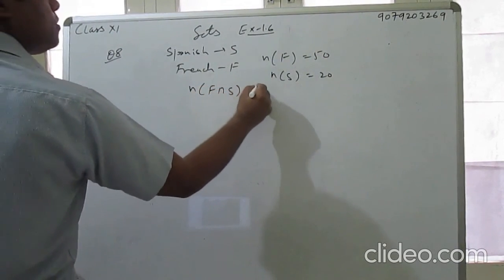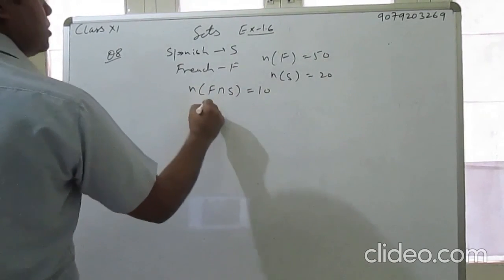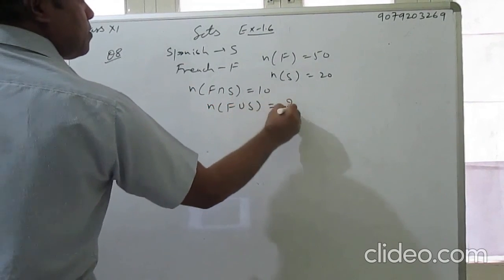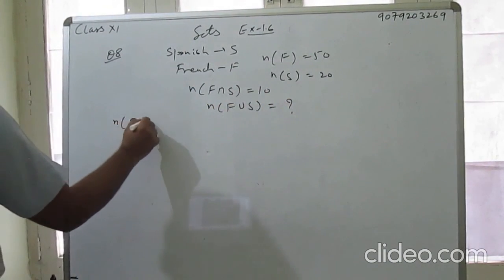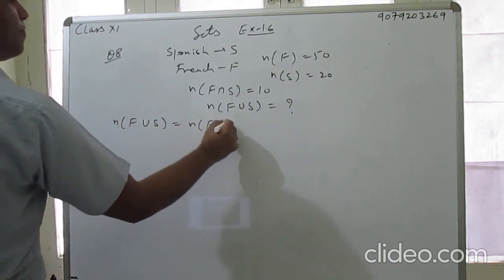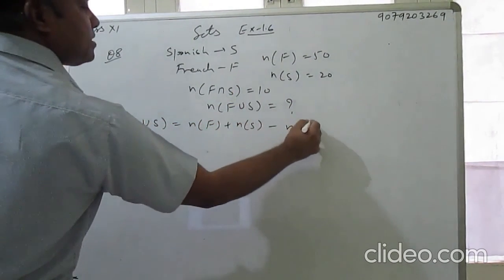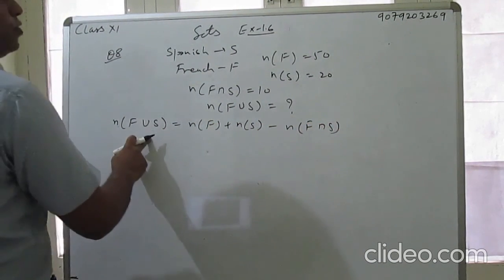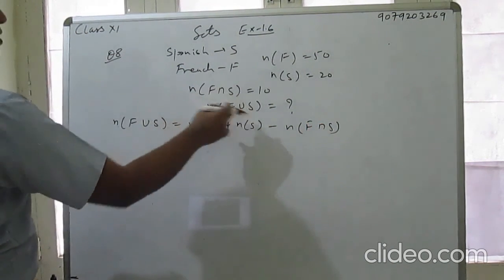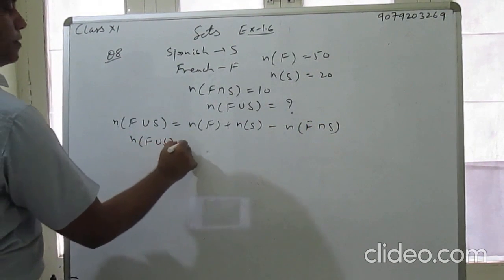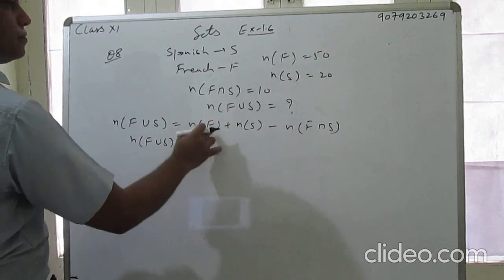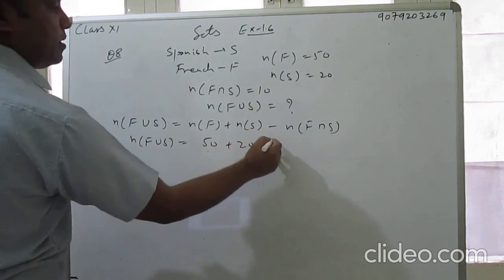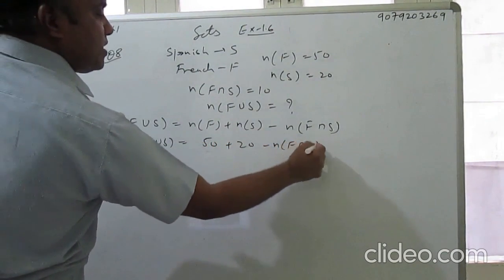How many speak at least French or Spanish? So we have to find F union S. Simply, n of F union S is equal to n of F plus n of S minus the intersection. You have to find n of F union S. n of F is 50, n of S is 20, minus n of F intersection S.